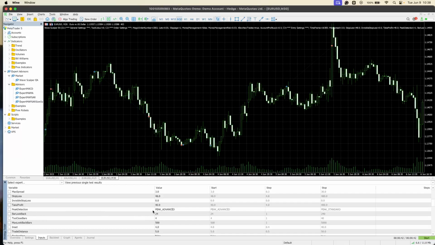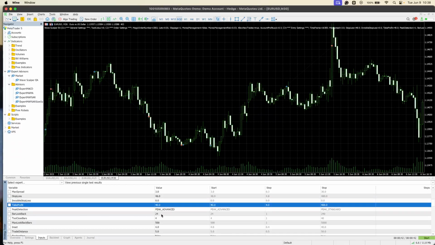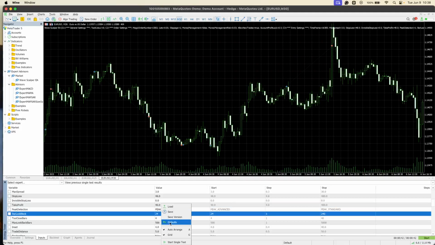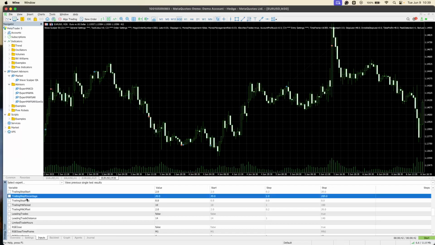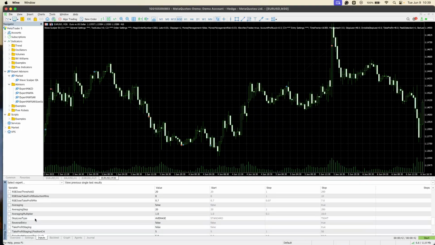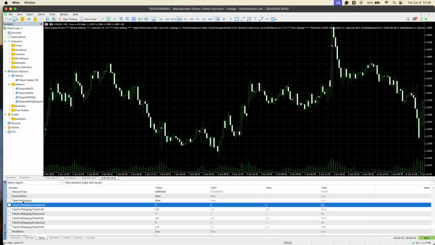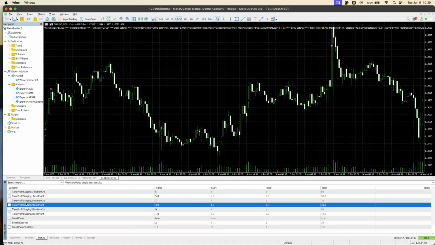All of this can be edited depending on your preferences, but I used the defaults in my backtest. We also have the trailing stop, which you can adjust based on your preferences, and we can also adjust the take profit. That's all for the inputs.